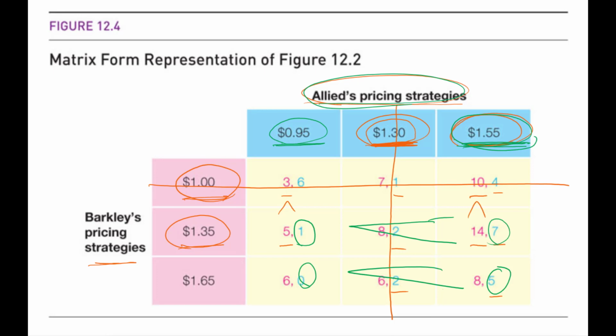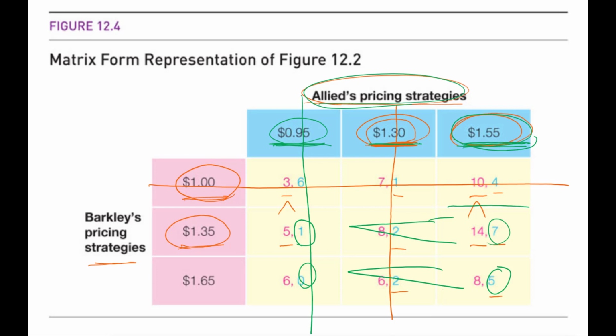So Allied can reason it's not good to play $1.30, and given that expectation, it can also anticipate Barkley will never play $1 strategy, which is also eliminated. Then given that anticipation, that reduced 2 by 2 game, Allied strategy playing 0.95 cent won't be beneficial, so it can further eliminate this strategy.